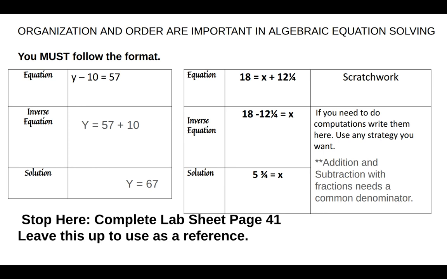If you need to do the computations, you're going to write them on the right-hand side using any strategy you want. If we're dealing with fractions, remember addition and subtraction with fractions needs a common denominator. So we're going to stop here, and what you're going to do is complete lab sheet 41. Leave this on your screen as a guide and as a reference tool for how you need to solve the problems.